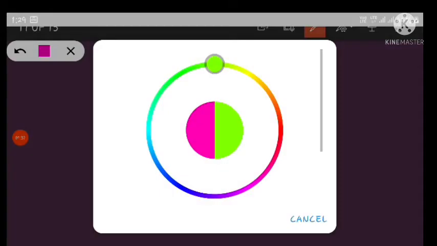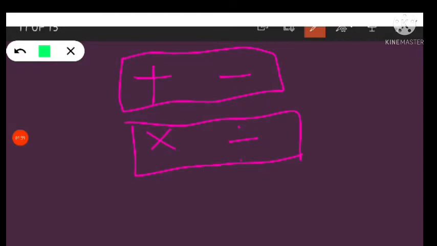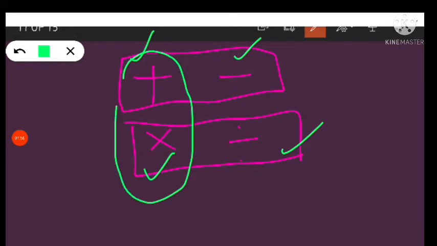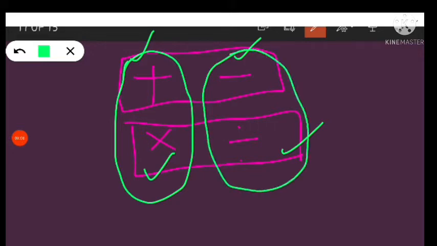Among these four brothers and sisters, plus is the big brother, minus is the small brother. Multiplication is the big sister, division is the small sister. And one more thing, the big brother is always a close friend of the big sister, and the small brother is always a close friend of the small sister.